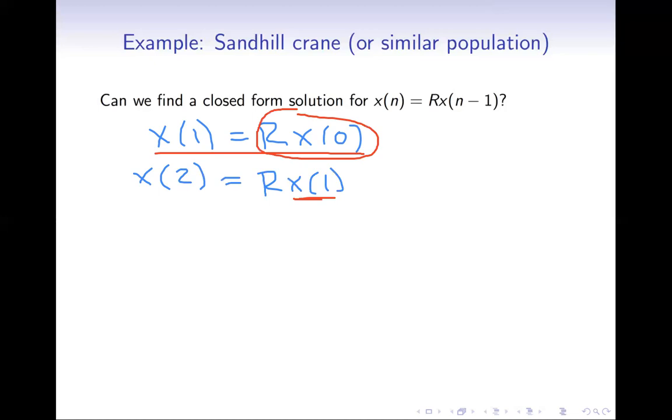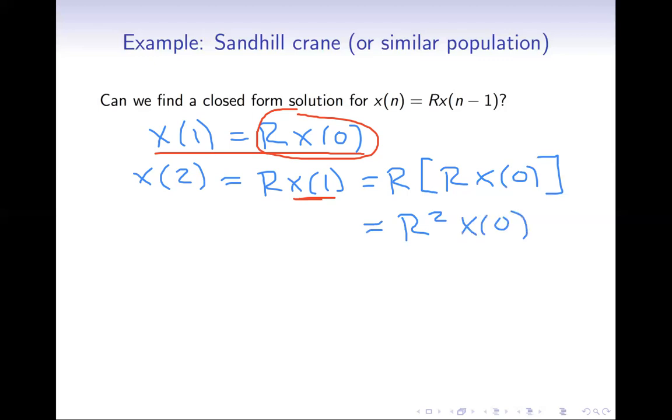When I do that, I have R times R times x of 0, again just swapping in the right-hand side of the equation for x of 1 for the term here. Simplifying that, I get R squared times x of 0.